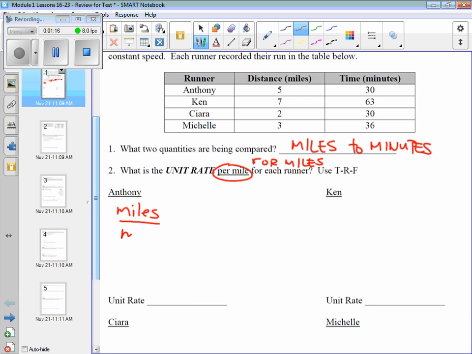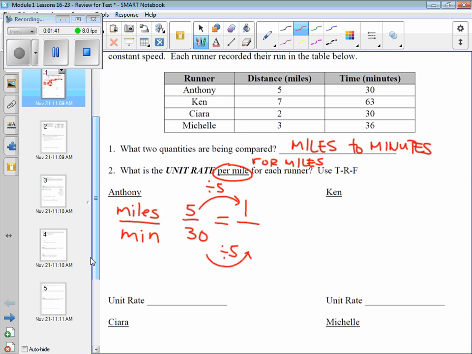We'll do Anthony first. If we look on the data table, for Anthony, we have 5 miles in 30 minutes. And we are trying to find the unit rate for miles, so 1 is going to be at the top. And we have to take a look at what our division factor is to figure out the bottom. We're dividing by 5.